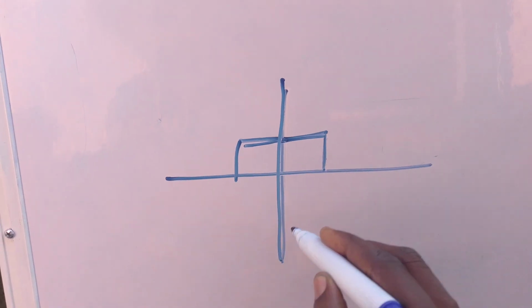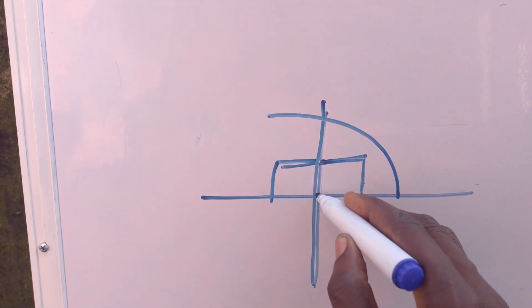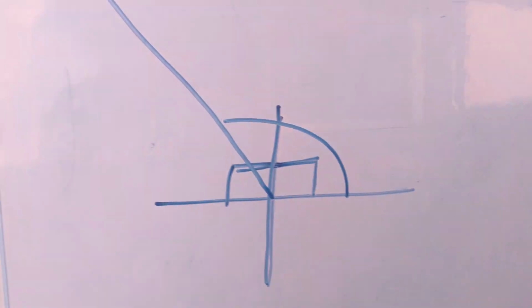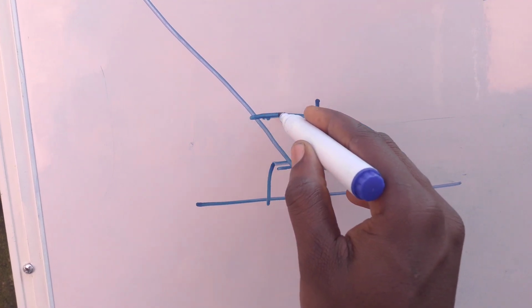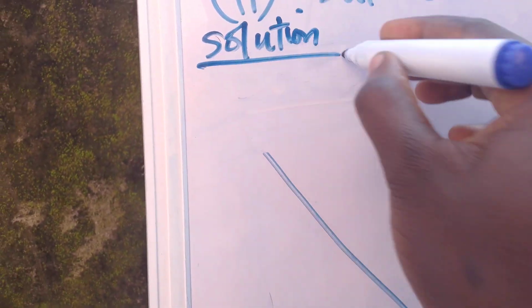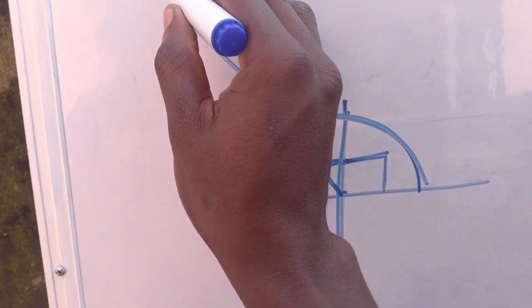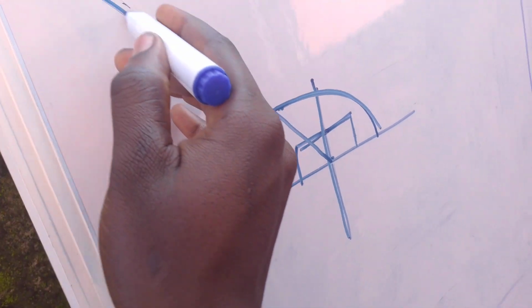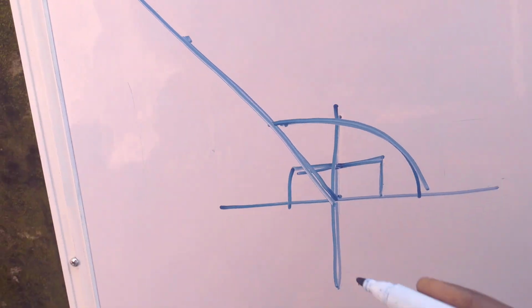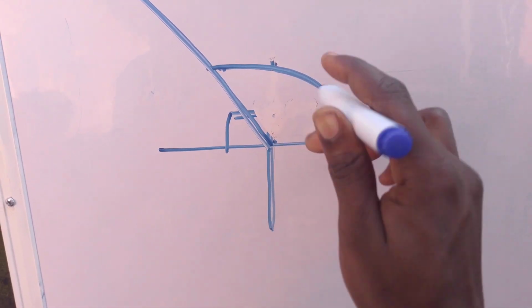So 120 degrees will fall on the second quadrant. So it falls here, and my angle now is 120.